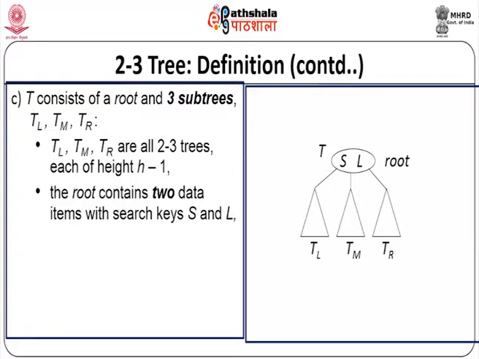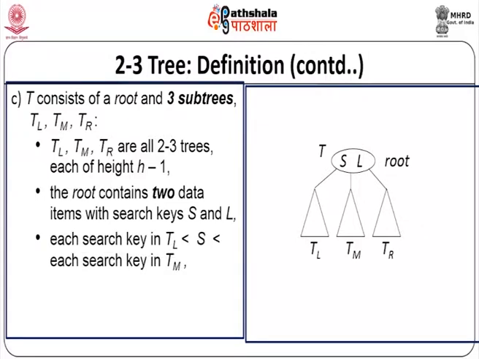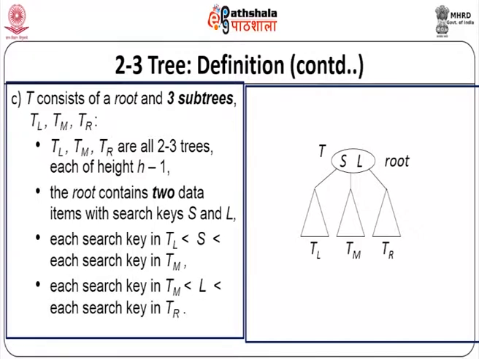The root contains a maximum of 2 data items called S and L, search keys S and L. Each key in TL will be less than S, and each key in TM will be between S and L.